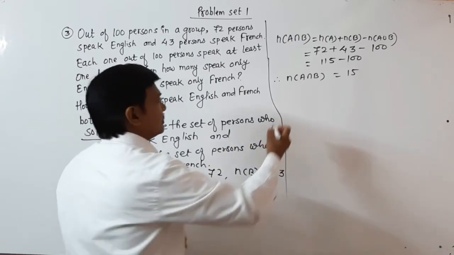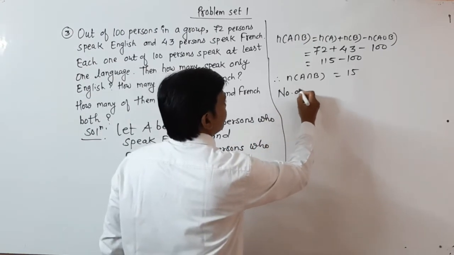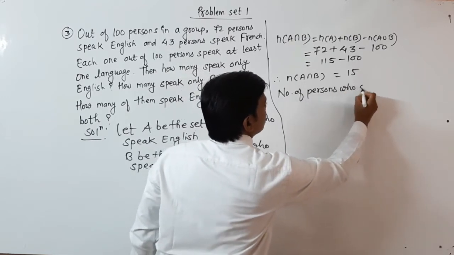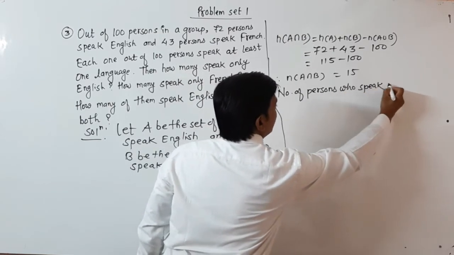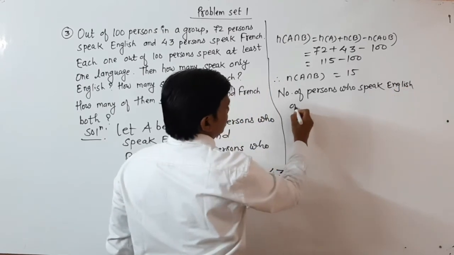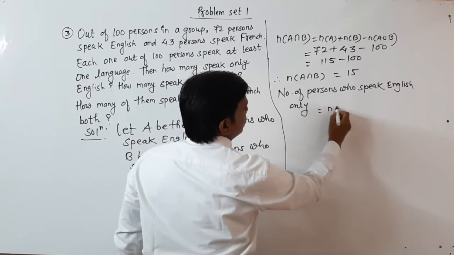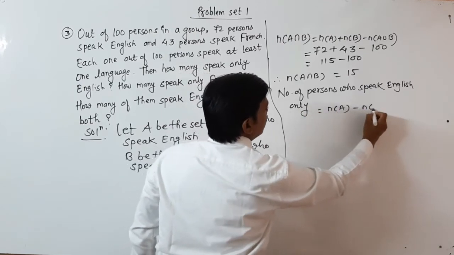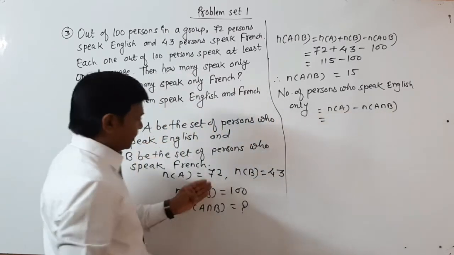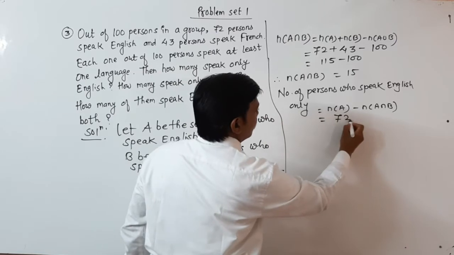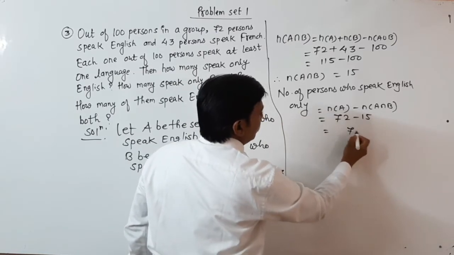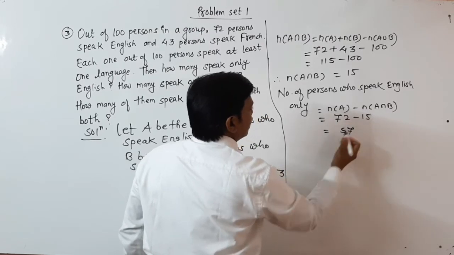So the number of persons who speak English only is NA minus N of A intersection B. Its value is 72 minus 15. So 12 minus 5 is 7, and 6 minus 1 is 5.